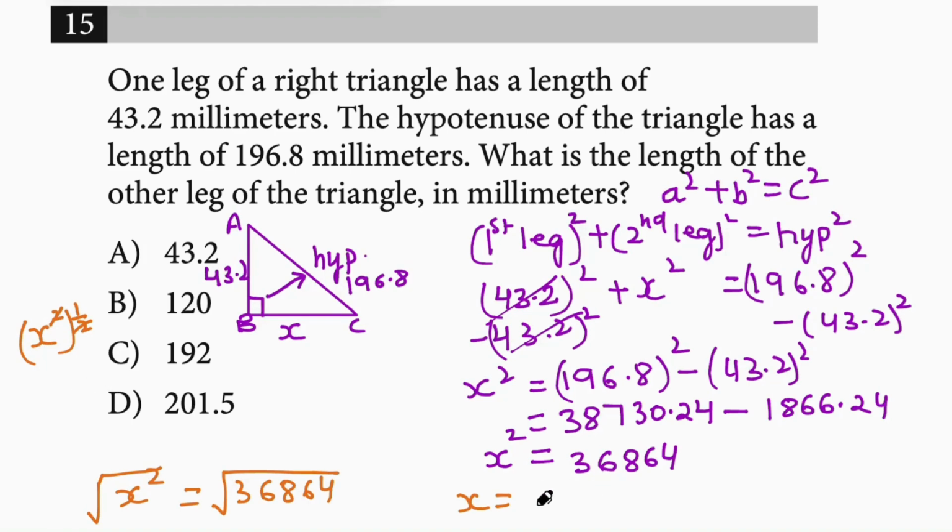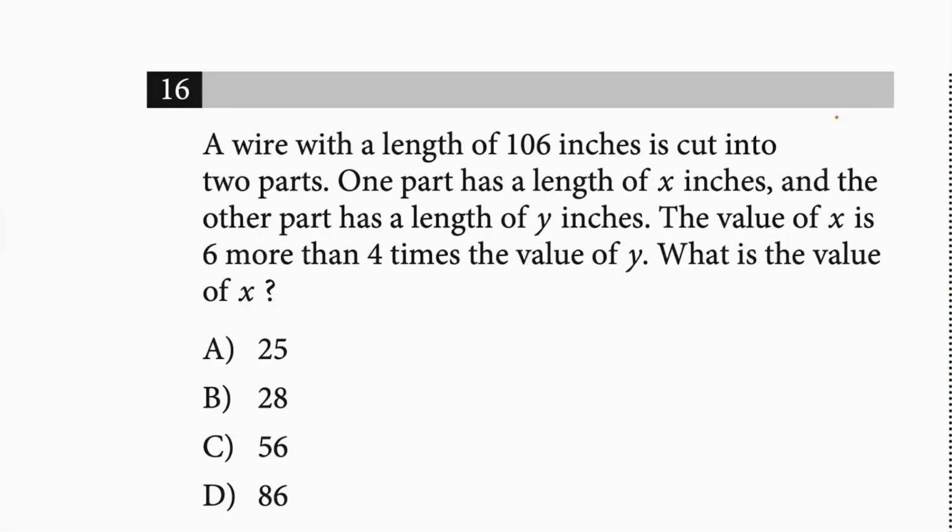So we are left with x is equal to plus minus 192. Now, whenever we do square root, we always put a plus minus sign. That's a rule. But here, because we are talking about the length of a side, which cannot be negative, we totally ignore this part and x is equal to 192. Okay, so C is the right option.